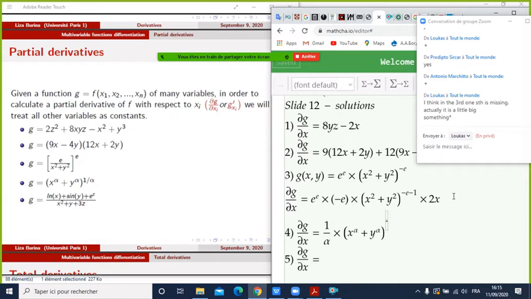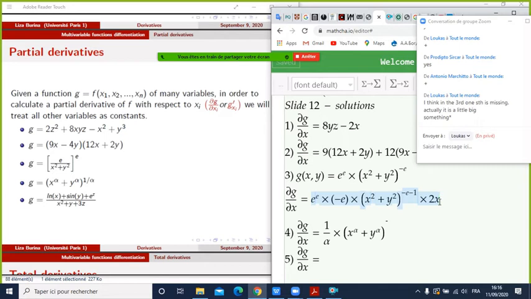Okay, so sorry for that. But I think that in the last one, the solution is the derivative of g, g prime with respect to x, is e squared times parentheses the fraction of e to the denominator x squared plus y squared, and all of that to the power of e minus 1 times a fraction of minus 2x over parentheses x squared plus y squared squared, the whole of that.